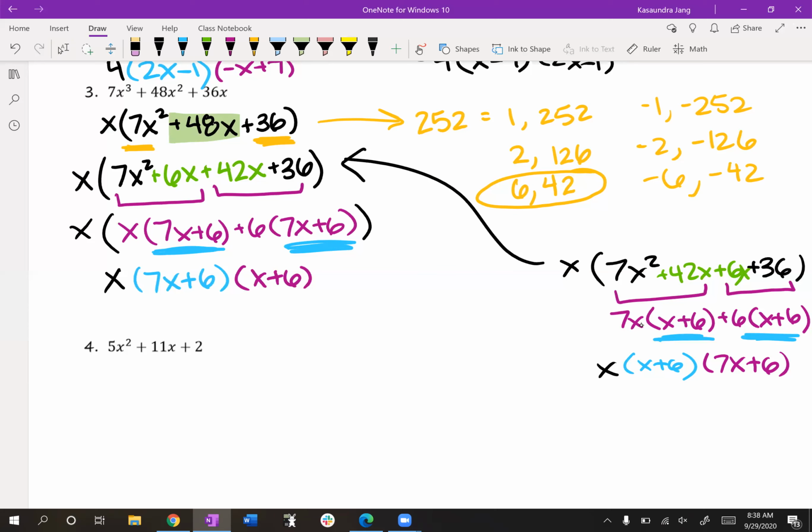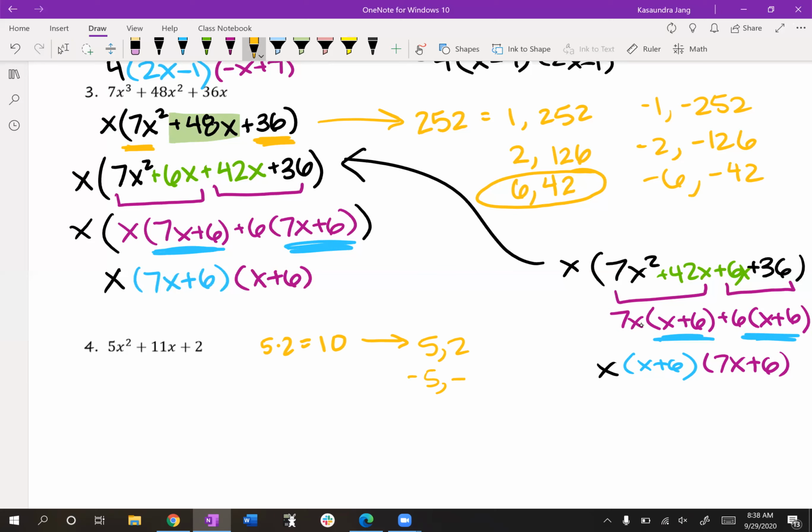I'm going to multiply my 5 times 2, which is 10, and I need the factors of 10. I can either have a 5 times 2, or a -5 and a -2.